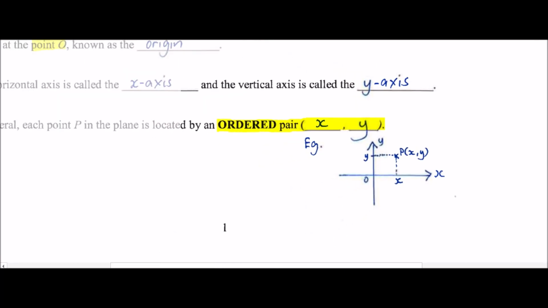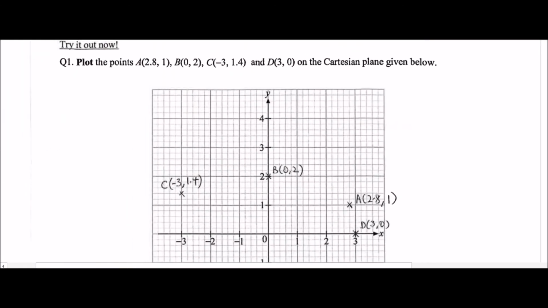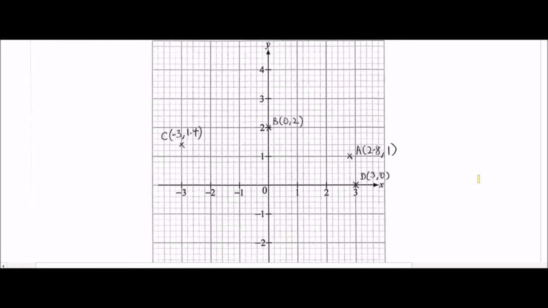Okay, so moving on. In this example, you're told to just plot out the points. Plot means just locate the point. These few points on the Cartesian plane in the graph given below. I believe this question is not filled out for you, so let's take a look.